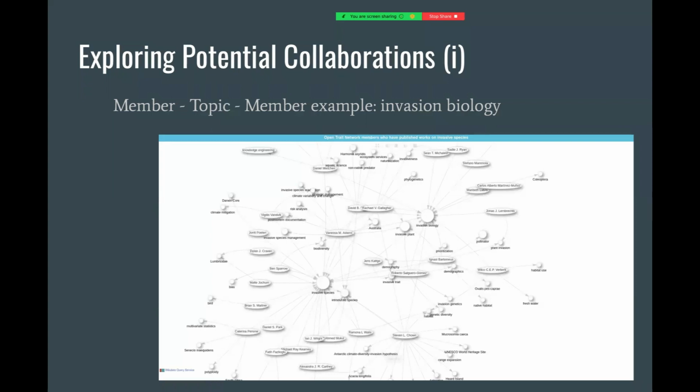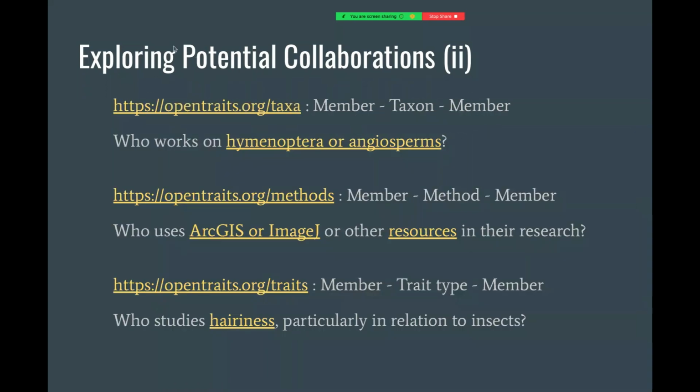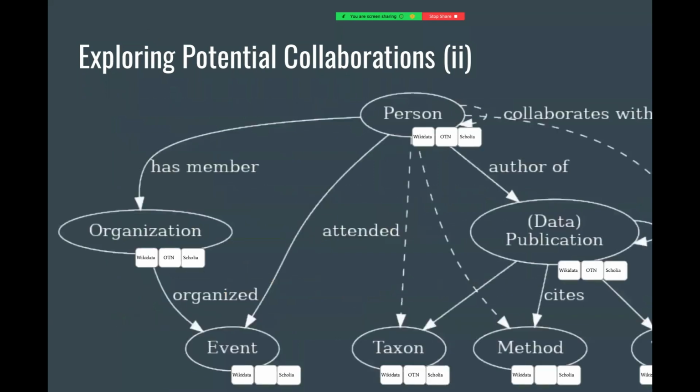So you can explore by topic. It's another way to group and connect people, right? OTN members. And here's some more examples. Here's the taxa, and here's the methods and the traits. So all ways to connect to folks that are affiliated with a certain network.